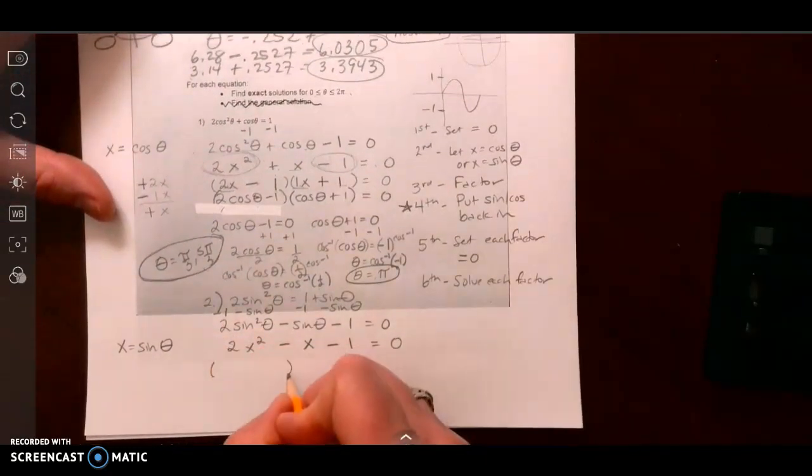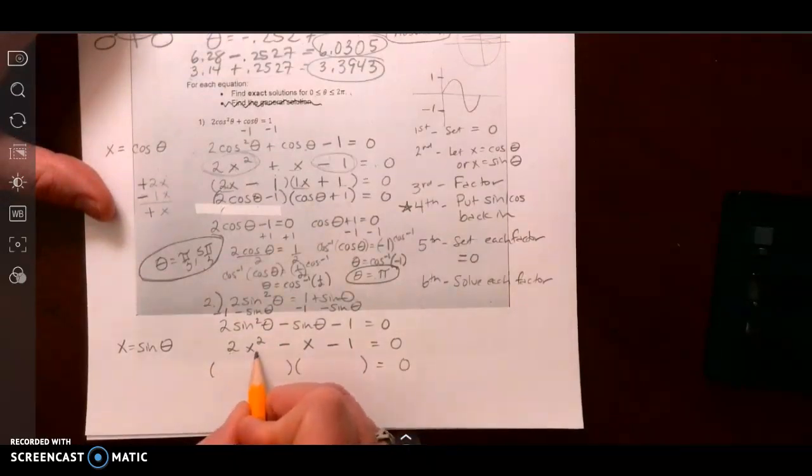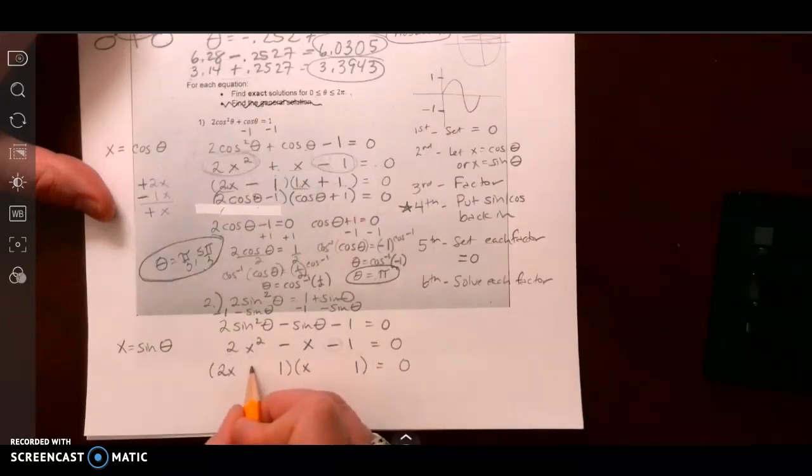Then I factor. Only way to get 2x squared is 2x and x. Only way to get 1 is 1 and 1, but I need it to be negative. So I'm going to try plus and then minus, and I'm going to check my middle terms.